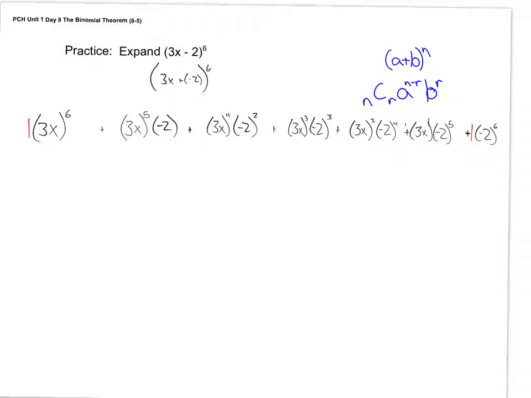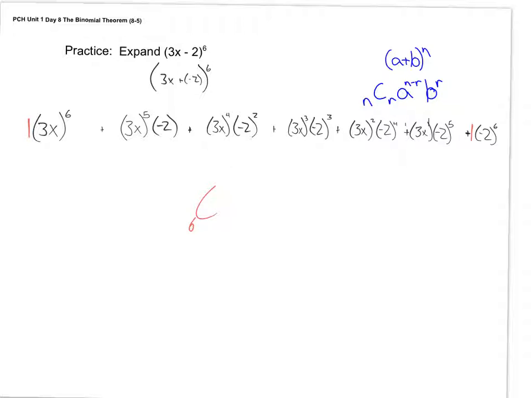In this case, what is n? 6. N is 6. Very good. So we have a 6 choose something. Now, the first one was 6 choose 0. That's why it equaled 1. There's only one way to pick nothing out of a group. Okay? Just like the last one is 6 choose 6. There's only one way to pick everything out of a group.